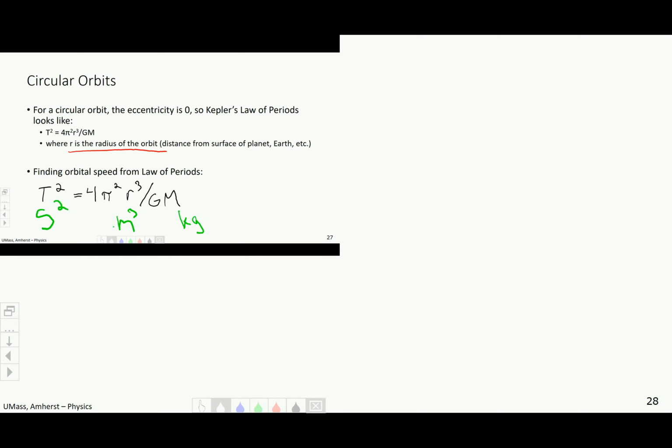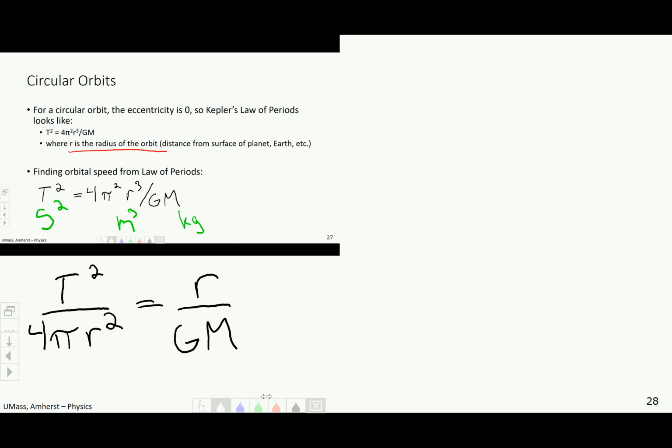All right, let's try to rearrange that. So if we put T squared over, for the sake of argument here, 4 pi r, let's take it squared, equals r over GM.